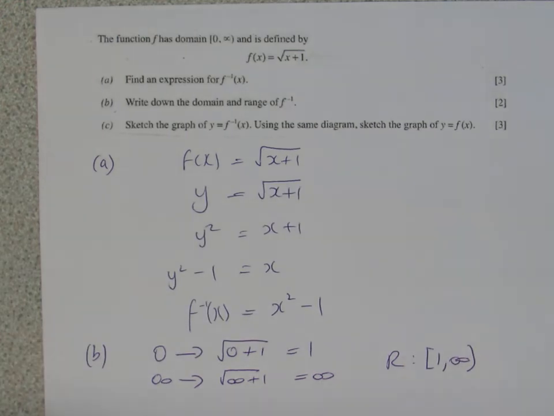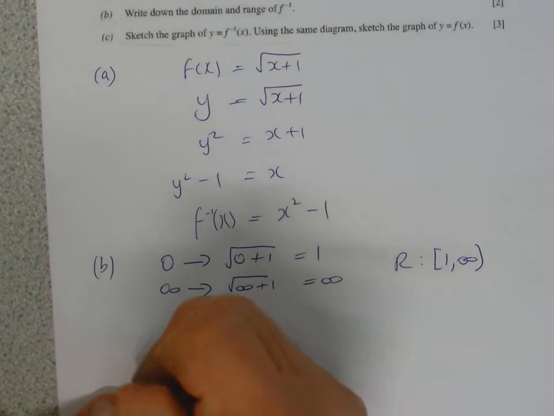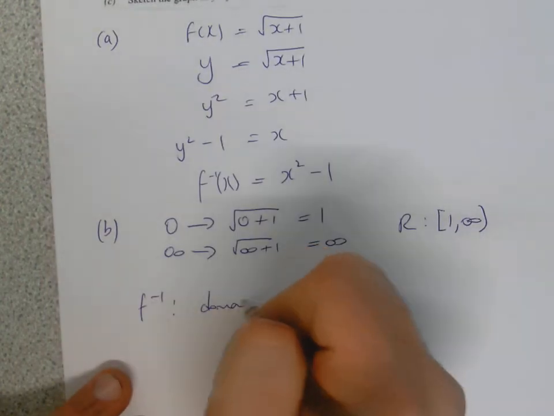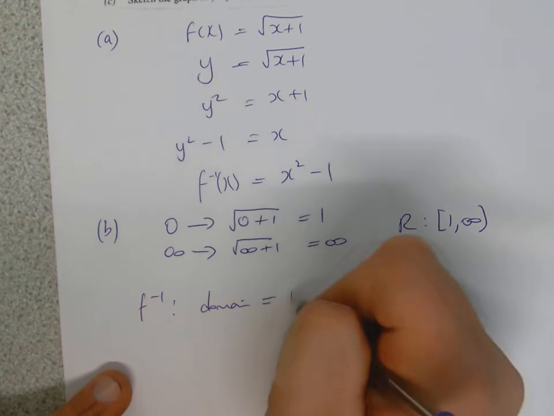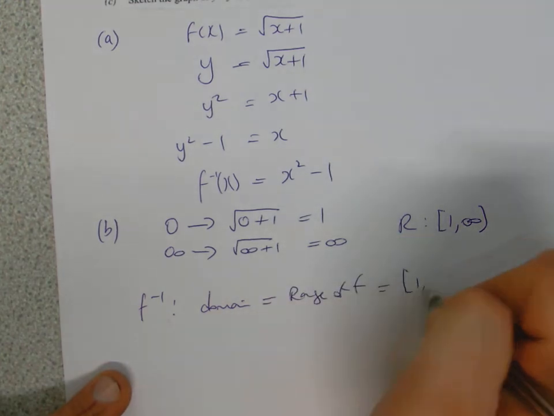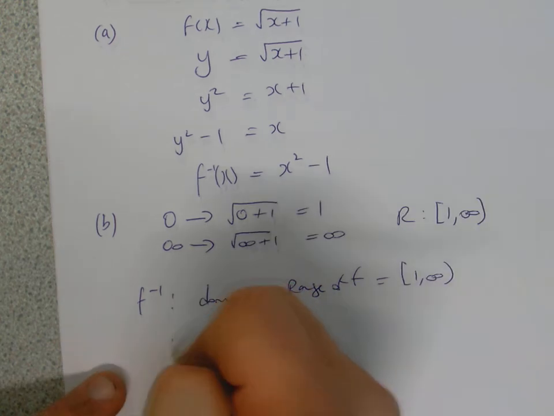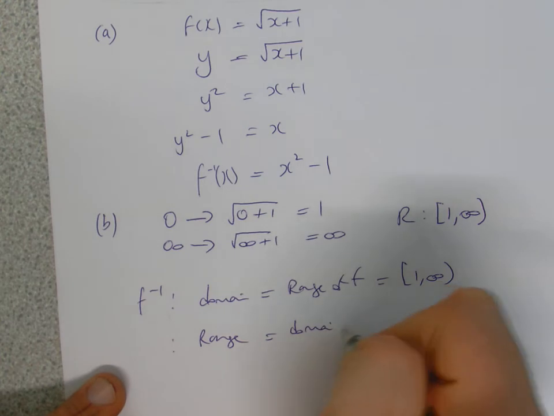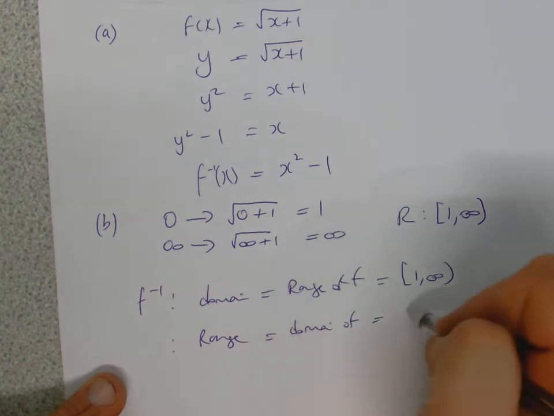So there's the range of f. So when it comes to f to the minus 1, the domain is equal to the range of f, so that will equal 1 to infinity, and then the range will equal the domain of f, which will equal 0 to infinity.